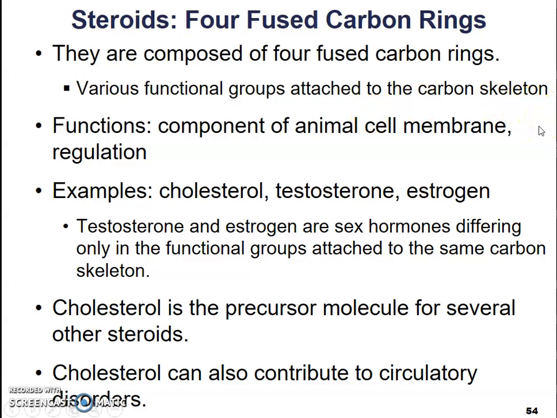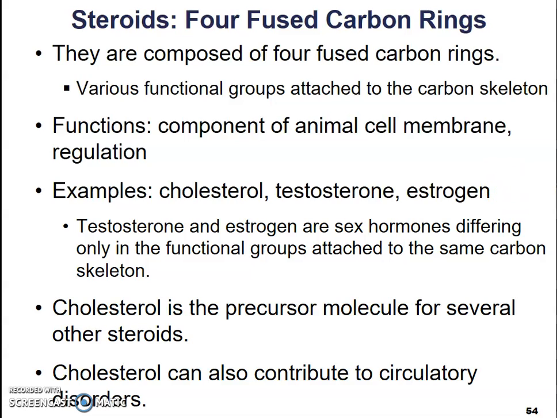Examples include cholesterol, testosterone, and estrogen. Hopefully you have heard those terms before. You may not know exactly what they mean, but that's fine. Testosterone and estrogen are sex hormones, and they differ only slightly in the functional group that are attached to the same carbon skeleton.